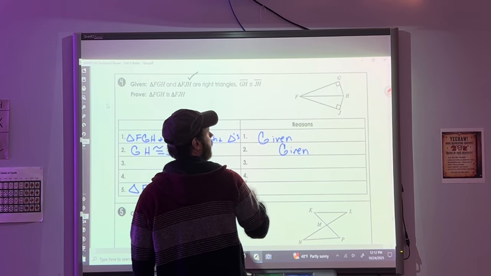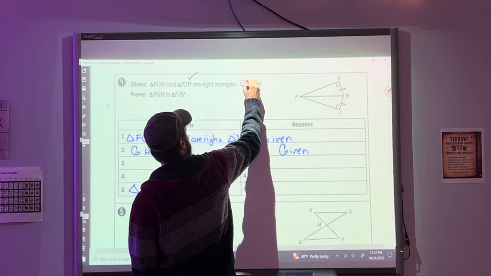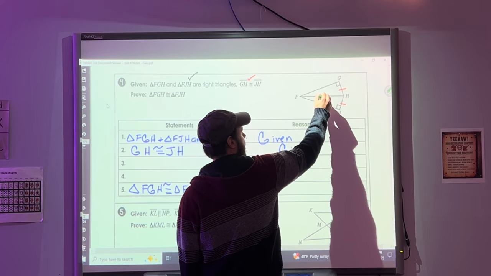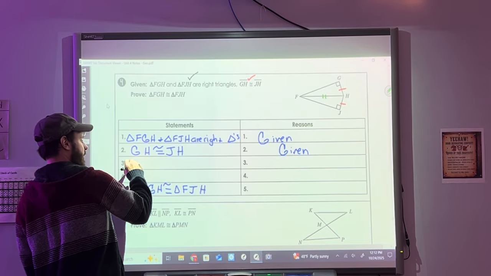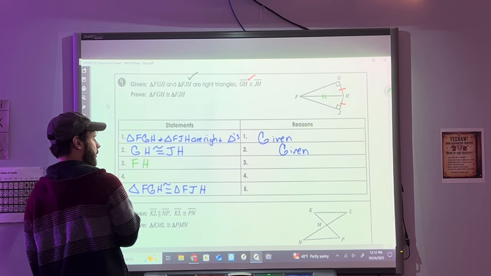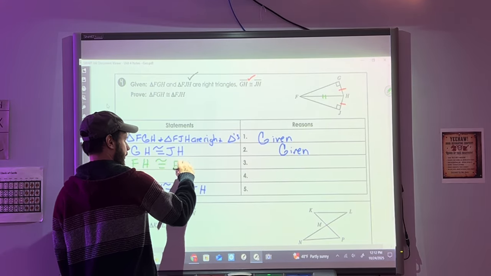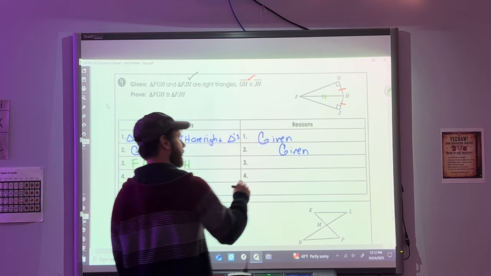GH is congruent to JL. And then we have this side here that overlaps. So my statement is going to be FH is congruent to FH. Reason is reflexive.